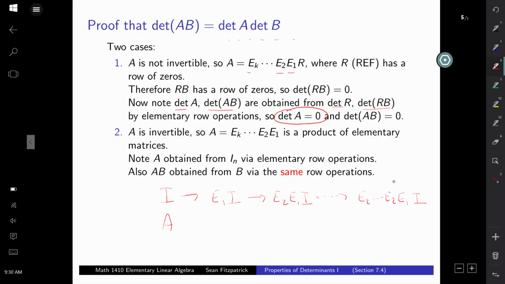On the other hand, we can do B, right? And this is just equal to A here.